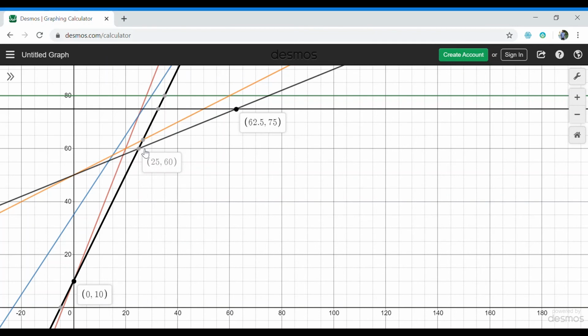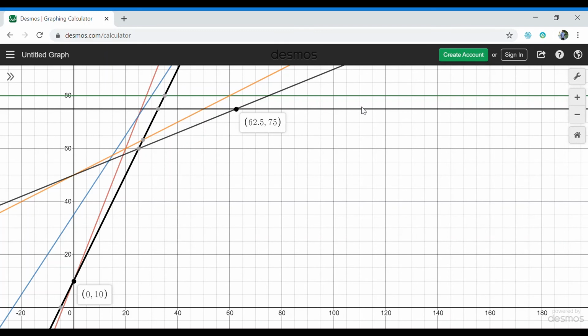And similarly, my next intersection suggests that my new range is not going to be between 20 and 60. Instead, it's going to be between 25 and 62.5 kilometers. And anything beyond 62.5 kilometers, it's going to be true for this equation.